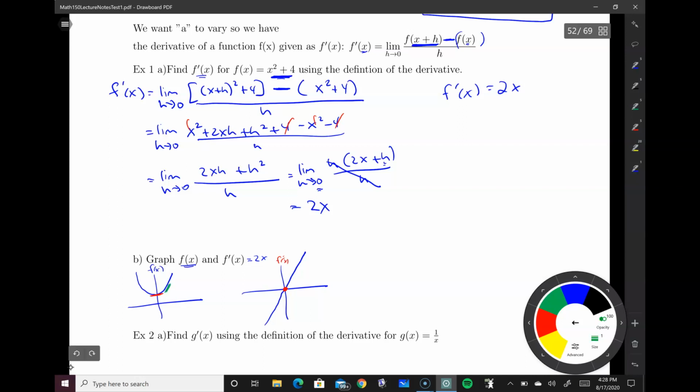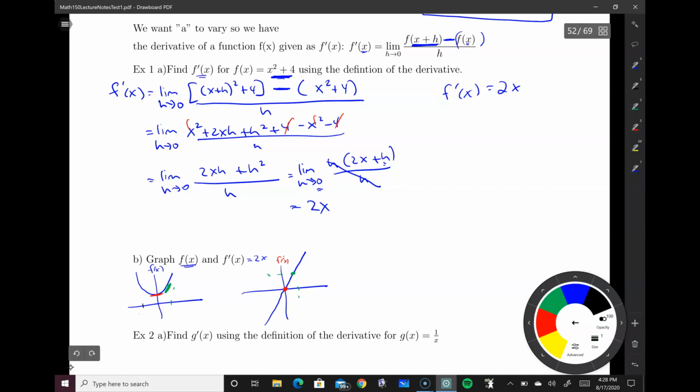If I look at a point like 1 here and draw a tangent line, because we have to draw a tangent line at a specific value, it looks like a positive slope. If I put this point 1 in right there, that y value would be 2. Does that green line look like it has a slope of 2? I do believe it does. Let's try one more.